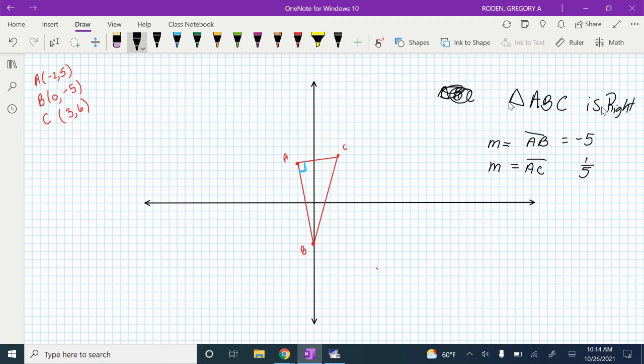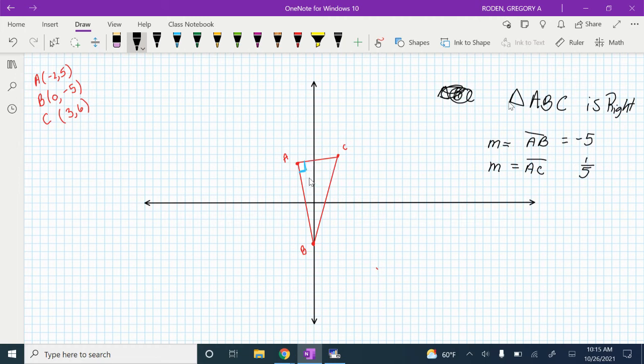Whenever we have a right angle, that is huge. Right angles are incredibly huge in mathematics. Why? Because with right triangles, we can use the Pythagorean theorem. Anytime the Pythagorean theorem can be used, it is an absolutely powerful thing. So in math, if we can figure out right angles, that's really popular.